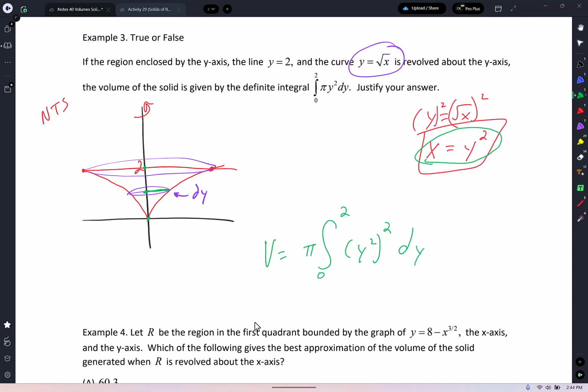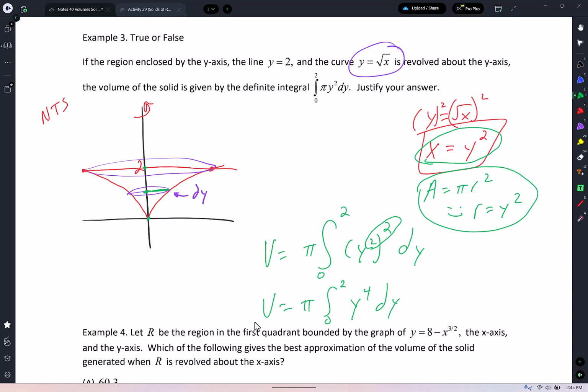Because area of a circle is pi r squared, guys, and r is y squared. So hopefully you can see that. Y squared squared. What's y squared squared? Y to the 4th. Laws of exponents. You can see the squares don't go away. So true or false? False.